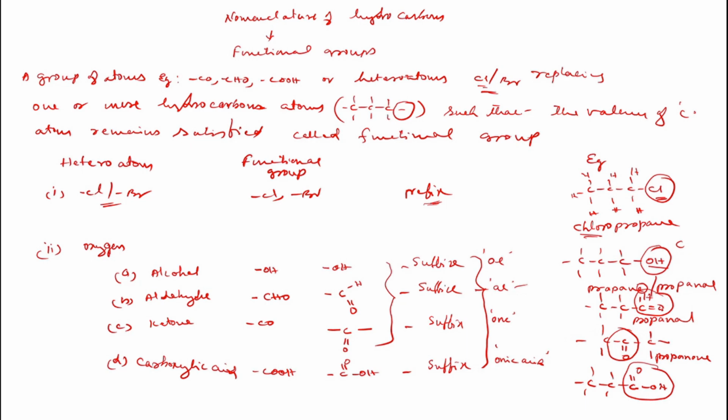Here CHO is the functional group. Here CO is the functional group. Here COOH is the functional group. Here what? How we will write the name of this hydrocarbon? So this is same propane. E is there now. There you have to put oleic acid. So like this you have to give names.